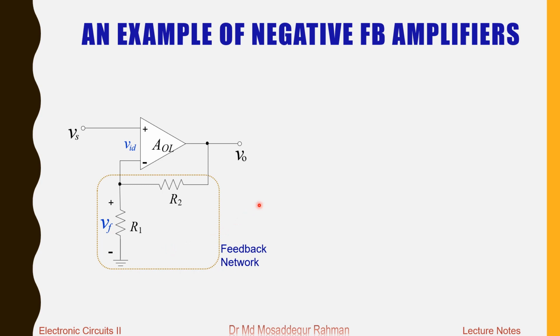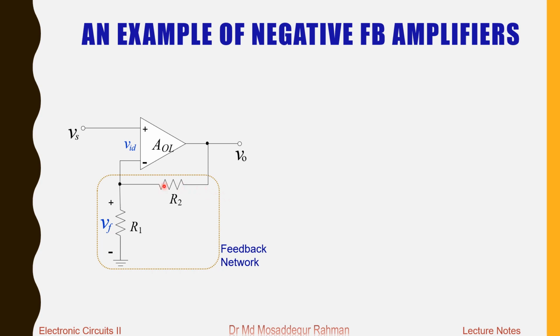This is our well-known circuit which we call the non-inverting amplifier. The circuit here is drawn in a slightly different way so that the feedback mechanism becomes obvious and explicit to us.